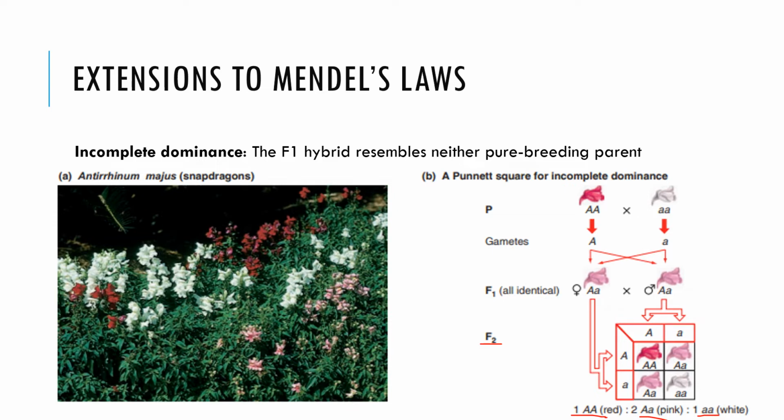If allowed to self-pollinate, the first filial pink blooming plants produce F2 progeny bearing red, pink, and white flowers in a ratio of 1:2:1. This is the familiar genotypic ratio of an ordinary single-gene first filial self-cross. What is new is that because the heterozygotes look unlike either homozygote, the phenotypic ratios are an exact reflection of the genotypic ratios.